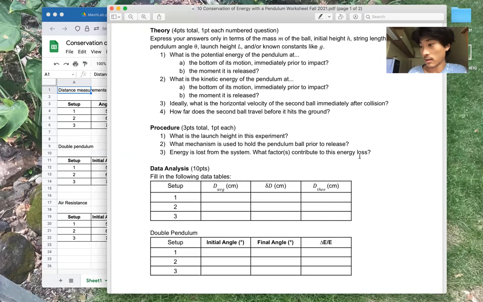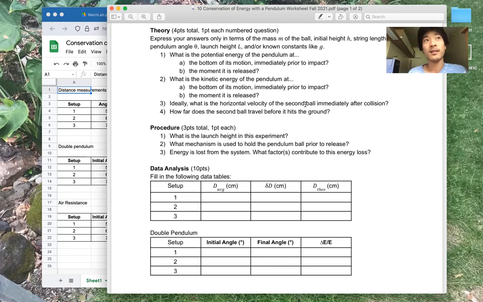A good way to think about this one is in terms of assumptions that we made in order to derive our equation for how far the ball flies. If you look at pages 91 to 92 of the lab manual, in a section called Concept Behind Experiment, they list certain assumptions that we make.